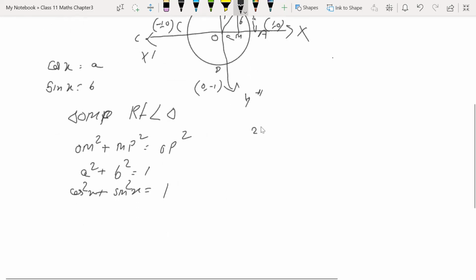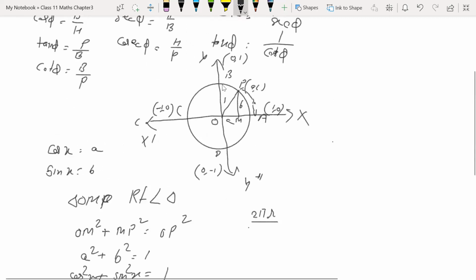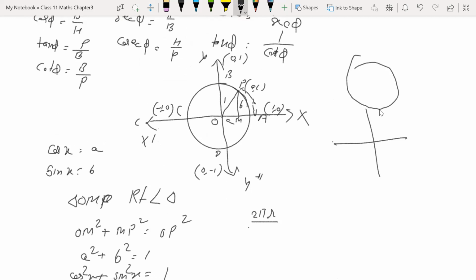Complete revolution is 2 pi radian, and this is the 1/4 part, one quadrant. There are 4 quadrants: quadrant 1, quadrant 2, quadrant 3, quadrant 4. Every quadrant is of pi by 2.